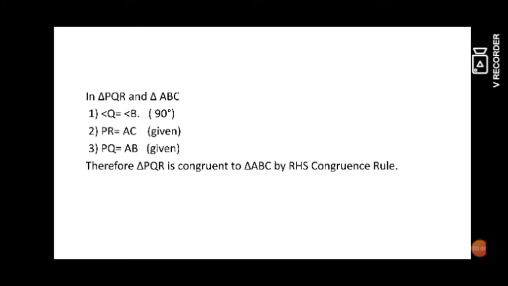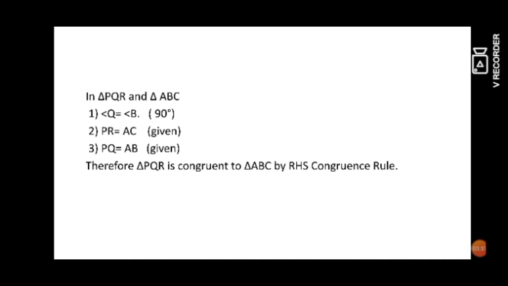In triangle PQR and triangle ABC, angle Q is equal to angle B. The first triangle whichever we consider, its corresponding parts we need to write first, and the second triangle's congruent or equal parts we will take on the right hand side. So here first we are going to do the angle, RHS.